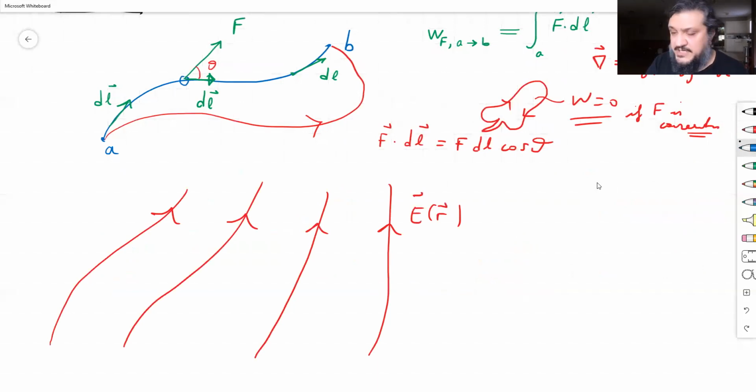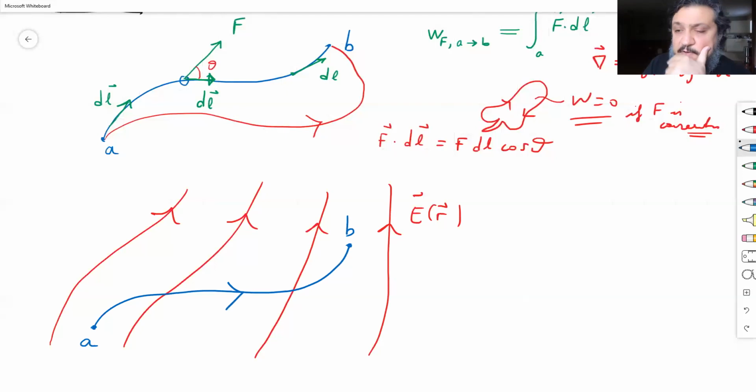And my object, which is a charge, is moving along this path from A to B. All right. So why do we have this electric field? Well, we don't know. Maybe there are charges here and there. Maybe a positive charge at the bottom and then a negative charge at the top. That's why we have that field.